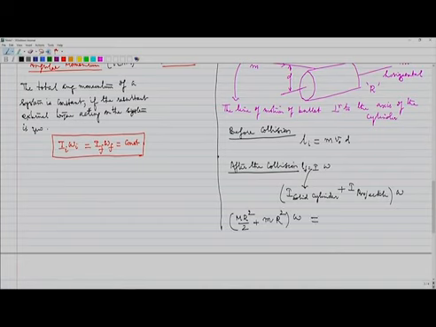This is equal to the initial angular momentum, m V naught D, corresponding to only that of the bullet. Therefore, this implies omega is equal to m V naught D divided by M R squared by 2 plus little m R squared.